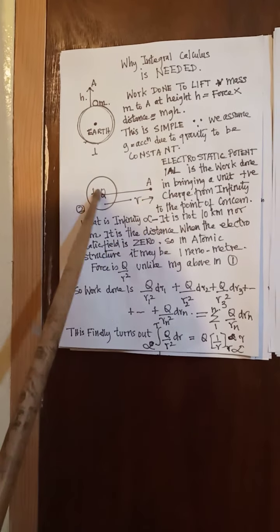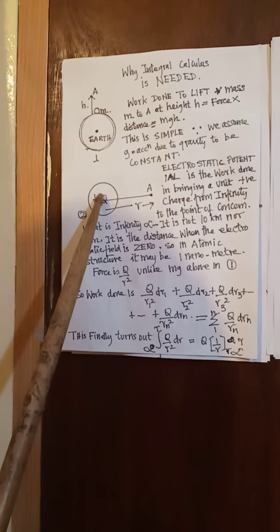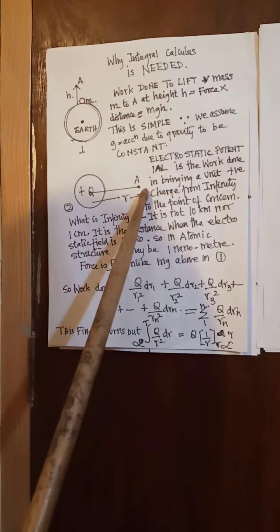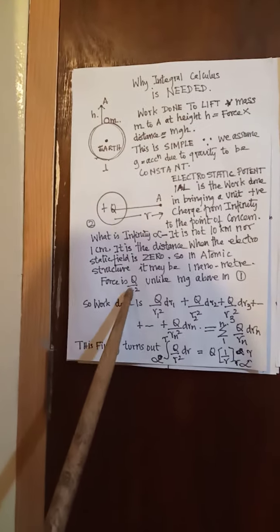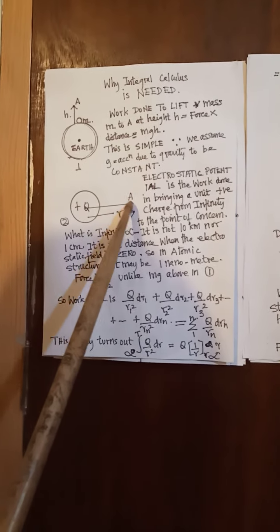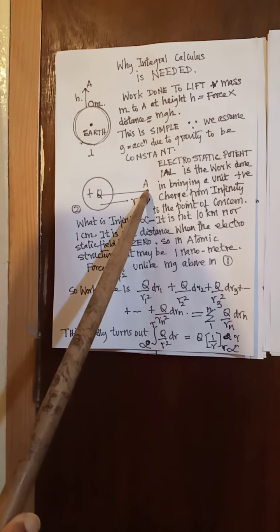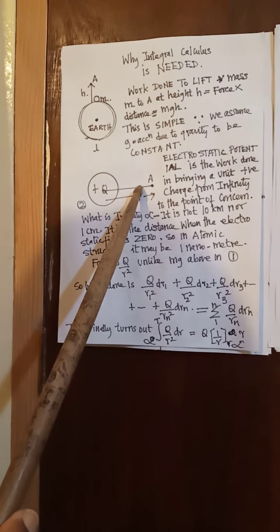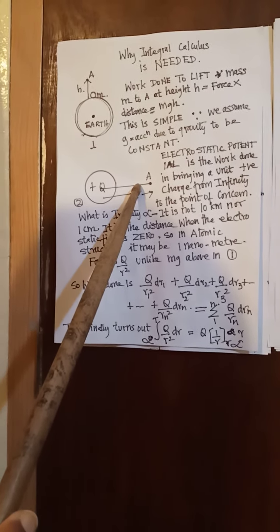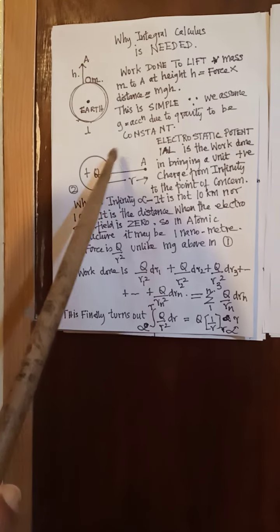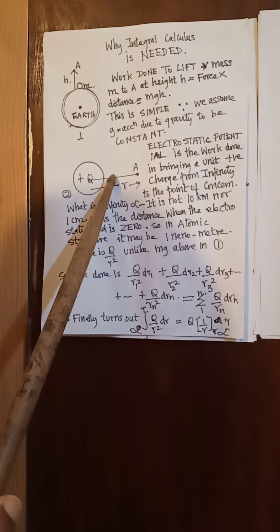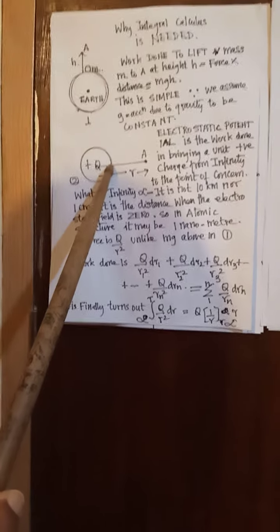So now we have to do this. What is the potential? So we need to know the force. The force is Q into 1 by r square. See, Q by r square. Now when it is here, I want to move it against the charge. I have to do the work. But now when I reach here, it is no longer r. It is much reduced. When I reach here, it is very small r, smaller and smaller.